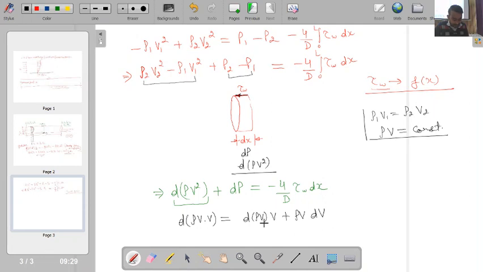If this is constant, d of rho v will become 0. So d of rho v square I can write as nothing but rho v times dv. If I substitute this, my equation will become rho v times dv plus dp equal to minus 4 by d tau w into dx.